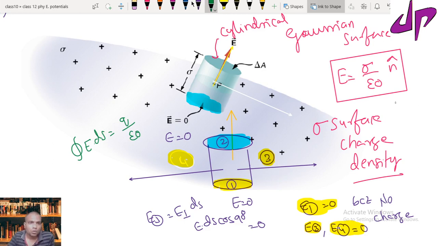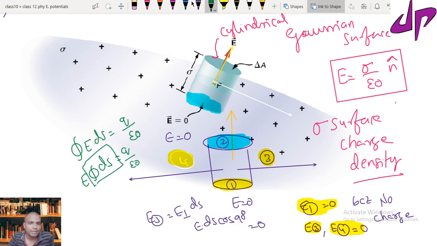Here the q is related to the surface charge density. We can write E times the closed integral of ds equals q by epsilon naught.